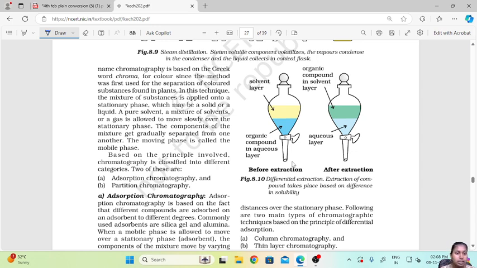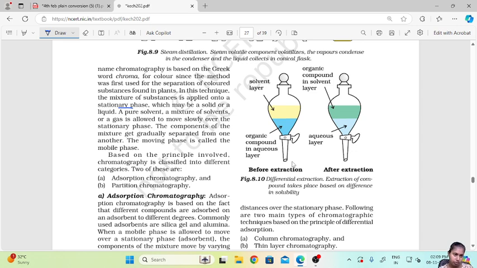Now in this technique, the mixture of substances is applied onto a stationary phase, which may be a solid or a liquid. So first you have to apply the mixture of substances onto a stationary phase. Now a pure solvent, a mixture of solvents or a gas is allowed to move slowly over the stationary phase.